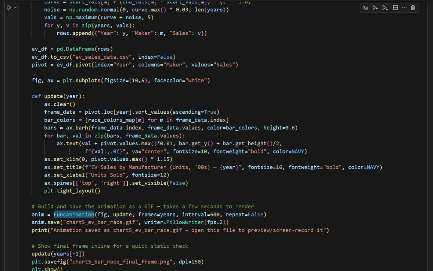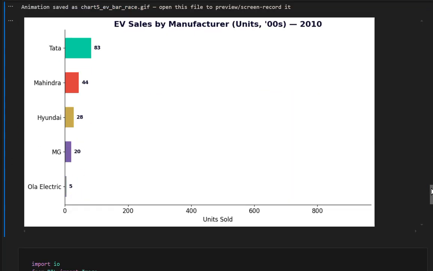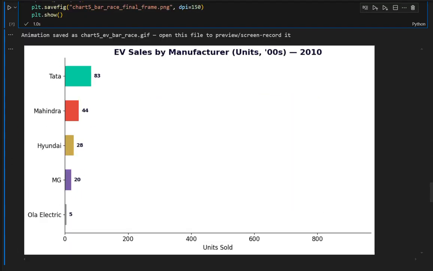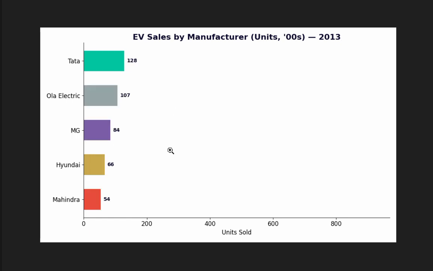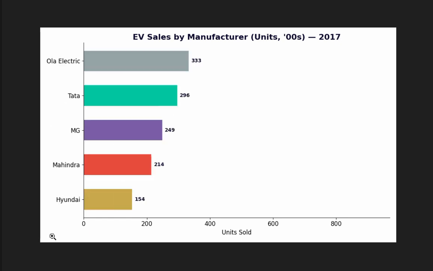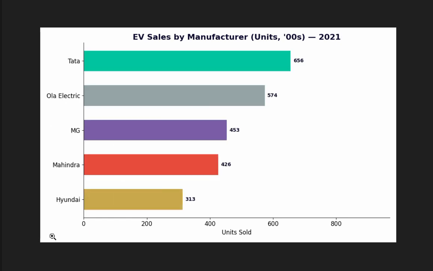The update function runs once per frame. Each frame moves to the next time period, and this is what creates this effect. Yeah, this one is sample data, nothing to do with reality.